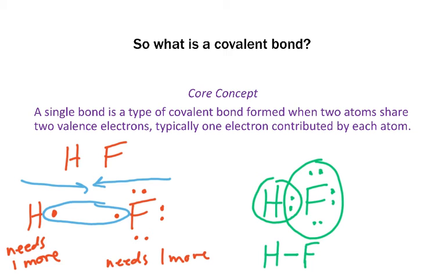All right. So anytime you see a line like this between 2 atoms, that means 2 electrons. So the bond is 2 electrons.